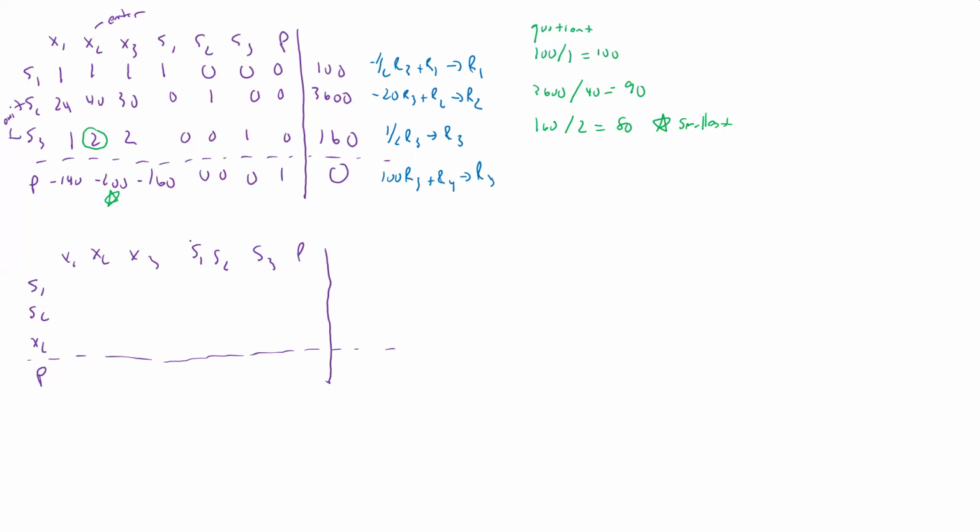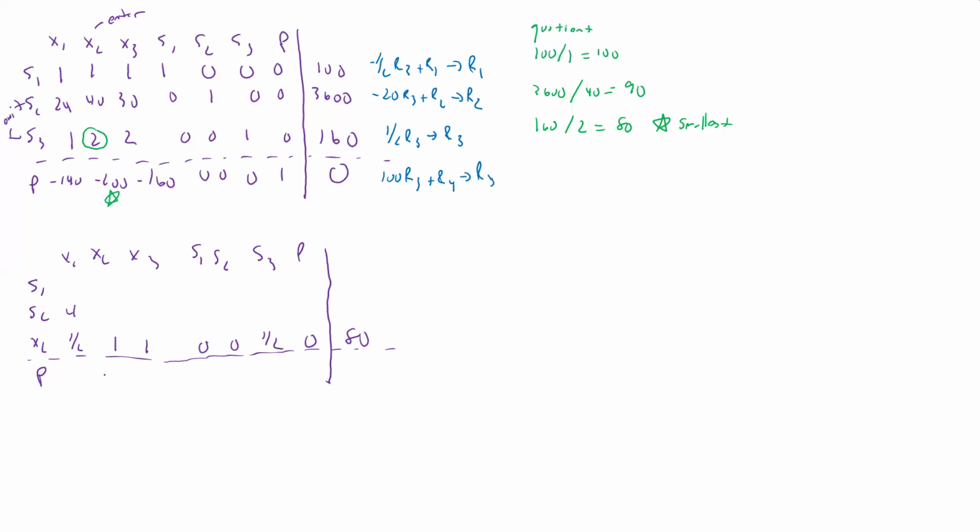All right. Now we first do this one, 1/2 of row 3. So that's going to give us a 1/2. Then we'll have a 1, and then a 0, 0, 1/2, 0, and that looks to be 80. Now we're going to take -20 times this plus that. So that's going to be -20, which gives us a 4.